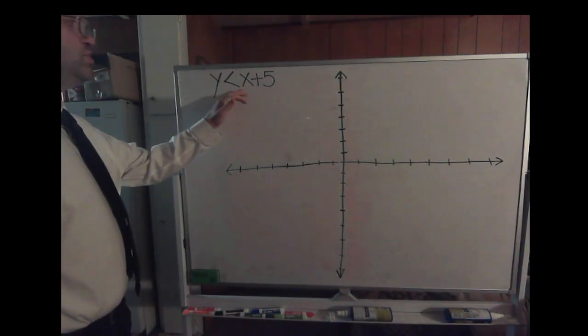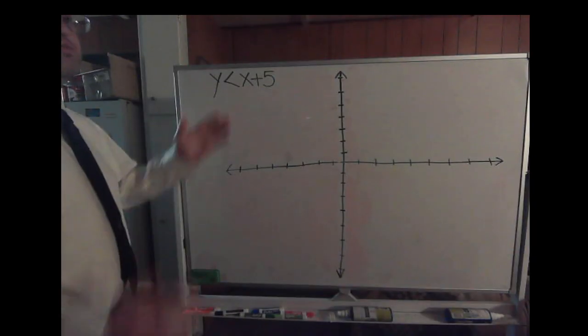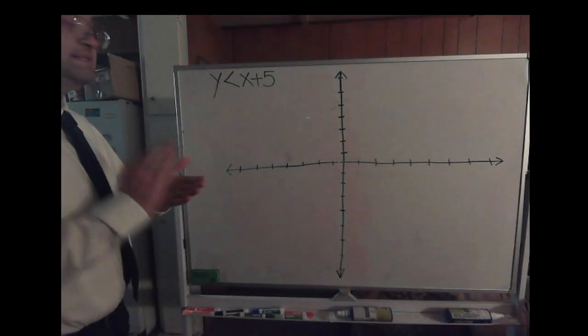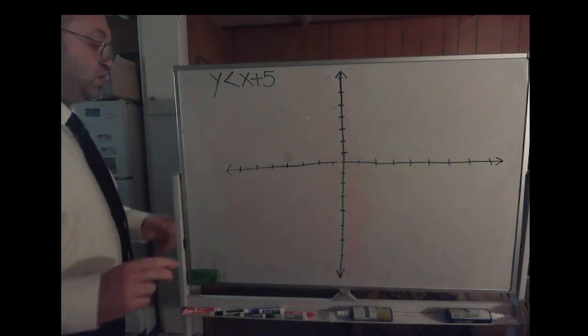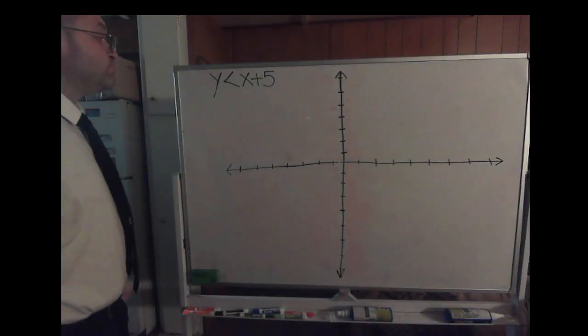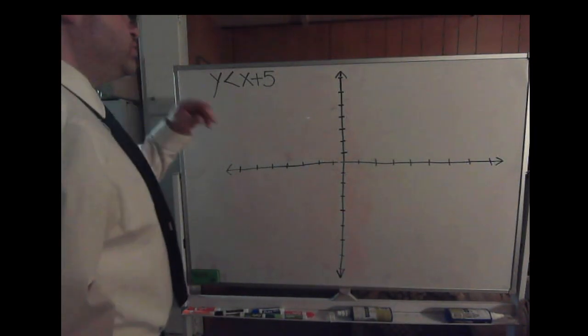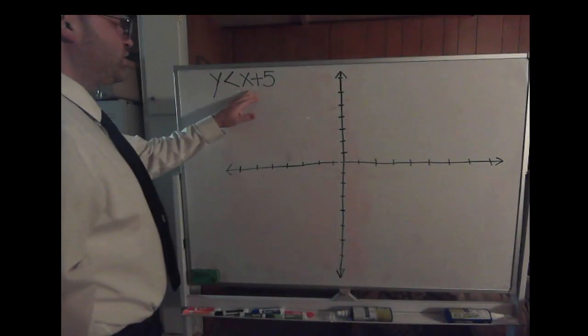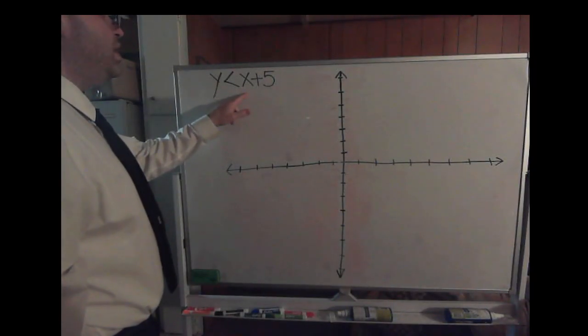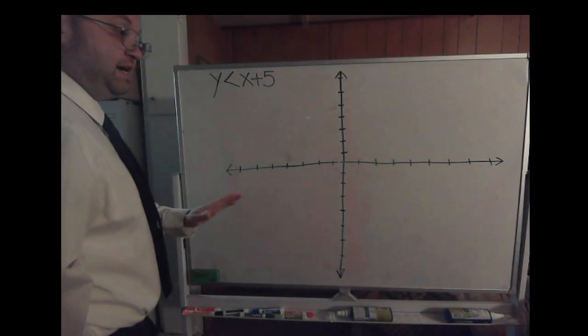So this tells you we're going to have a dotted line, which means we're not going to include the line itself in the solution. Well, what you need to do is figure out how to graph the line. First, start with y equals x plus 5.